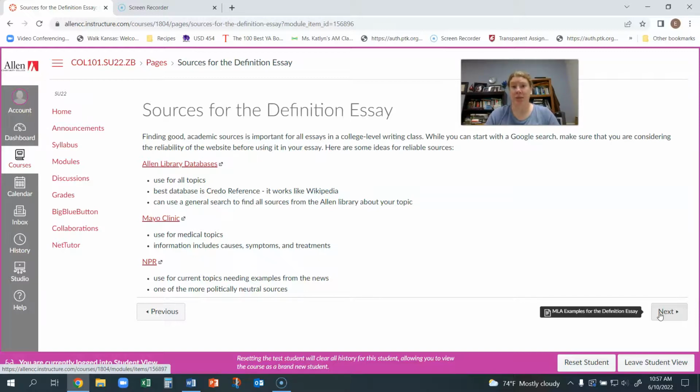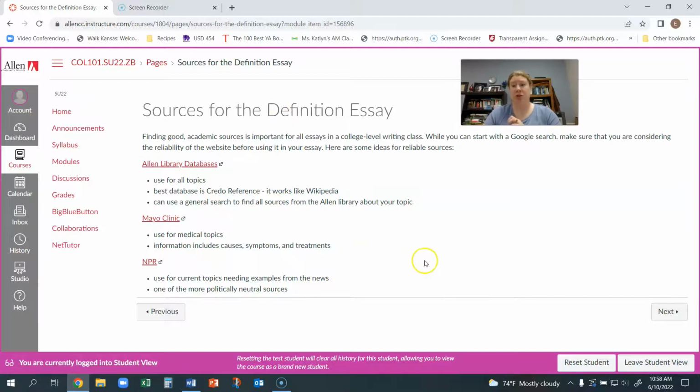It doesn't provide any information other than what the word means, and we need actual information about the topic and not just a definition. So you can't use the dictionary as your source. You don't even need to put it on your works cited page because a definition is considered general knowledge. Unless you quote it directly, in which case you put quotation marks around it and tell us what dictionary it came from, if you just put it in your own words, then you don't need to cite a dictionary.